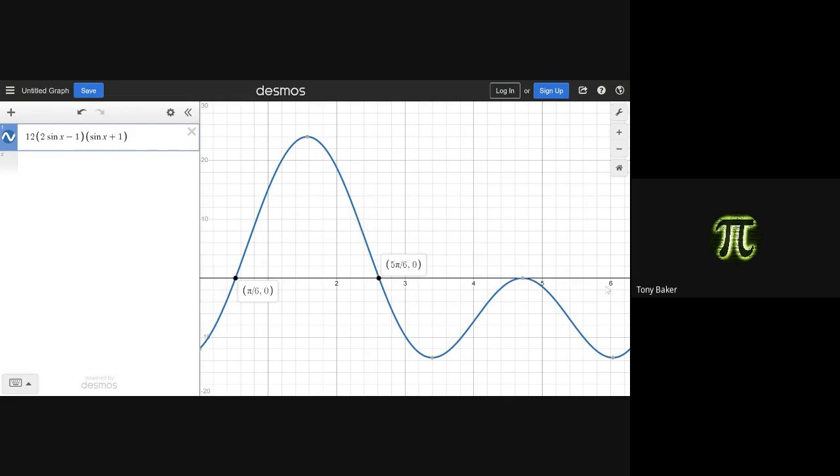And then from 5 pi over 6 till 2 pi, it's all negative. But when you type this in, you have to exclude 3 pi over 2. So you have to write it like this.